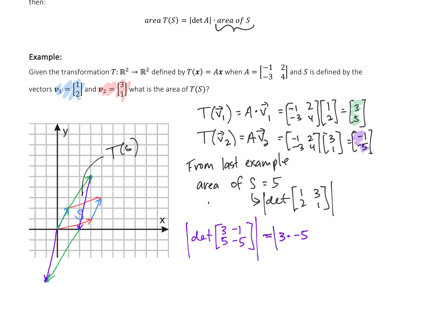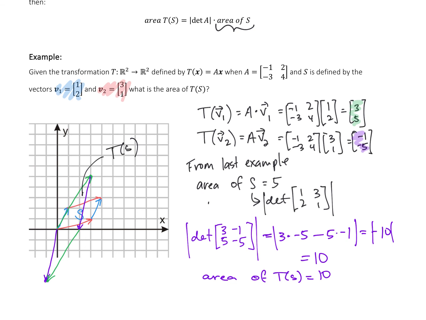Don't forget that absolute value because we're talking area. Minus 5 times -1: so I get -15 plus 5, which gives me negative 10, but we take the absolute value. So the area of T of S is 10.